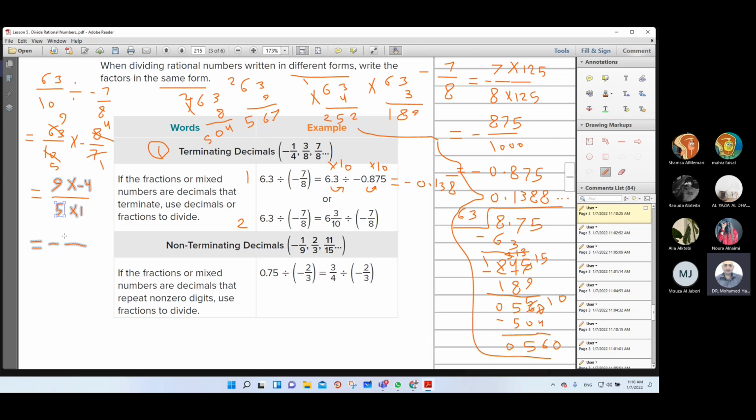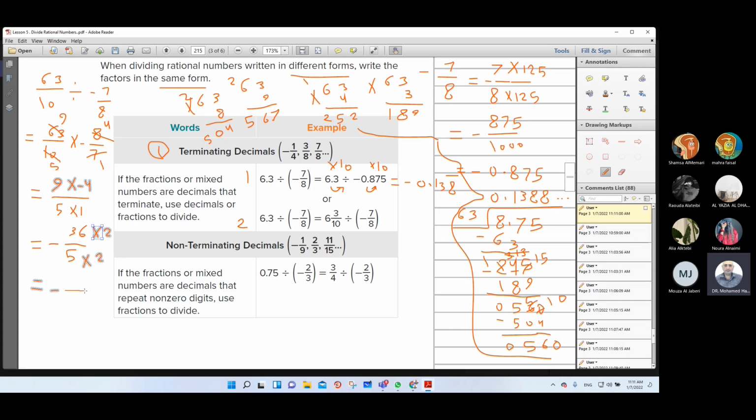So positive times negative, negative. 9 times 4, 36. And 5 times 1 will be 5. So this is as a fraction. And you can change this fraction to the mixed number and to the decimal. And if you want to change it to the decimal, you can multiply up and down by 2 to change the denominator to the power of 10. Multiply here by 2, multiply here by 2.